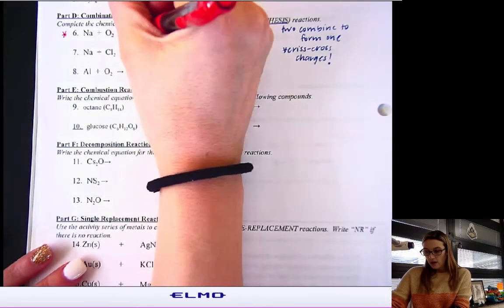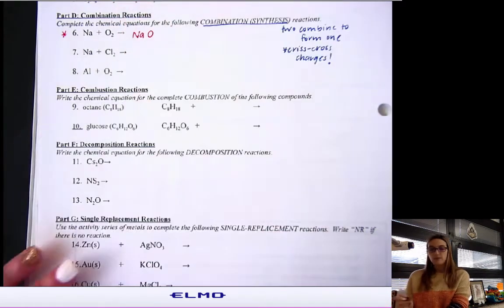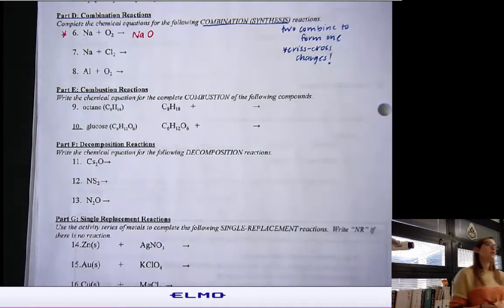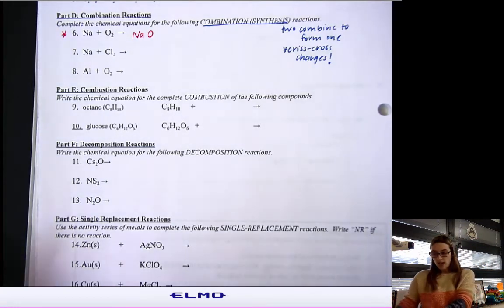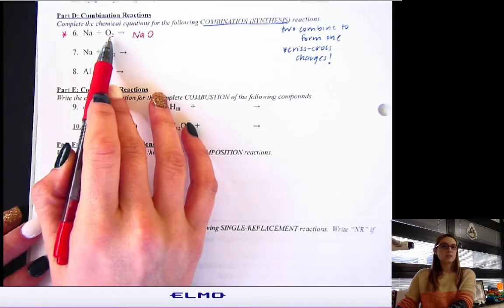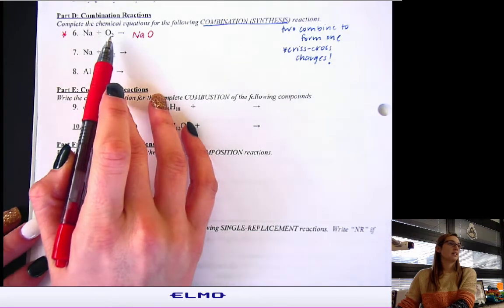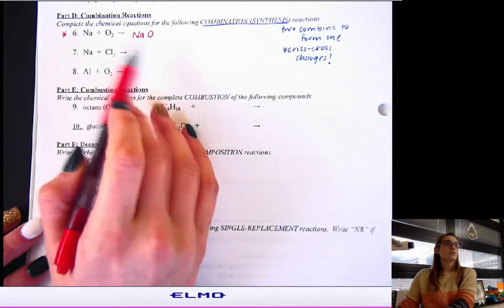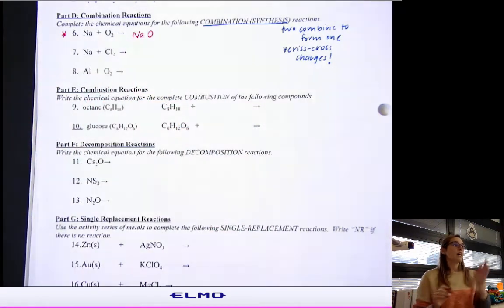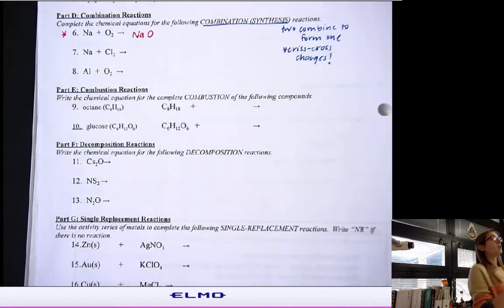Now, I need to write just the element. Do not transfer subscripts over. I know this is O2 over here, but that's because oxygen is diatomic when it's by itself. Do not transfer subscripts over. Write each element and then look at their charges from the periodic table.